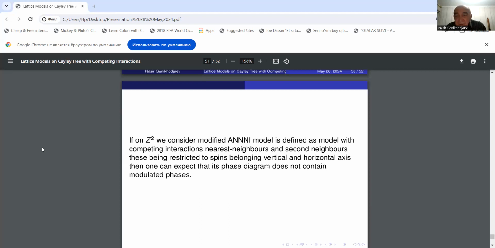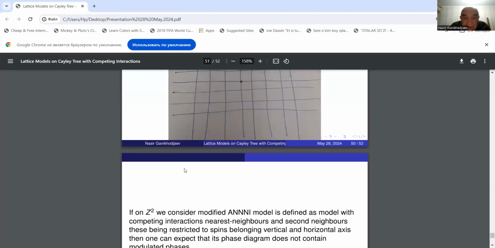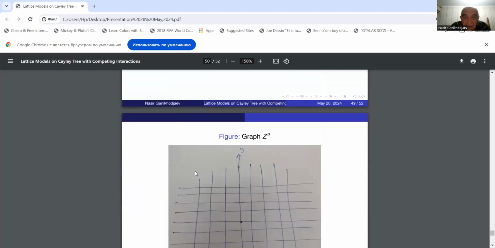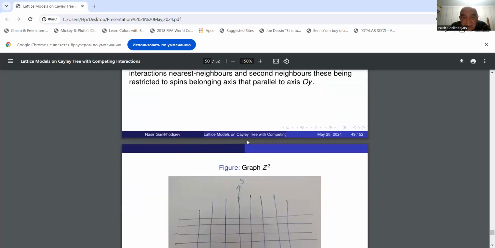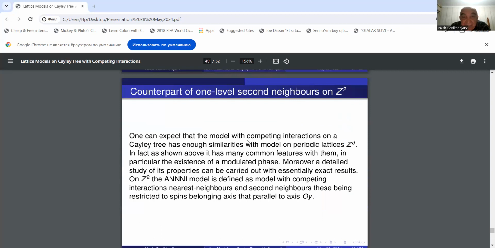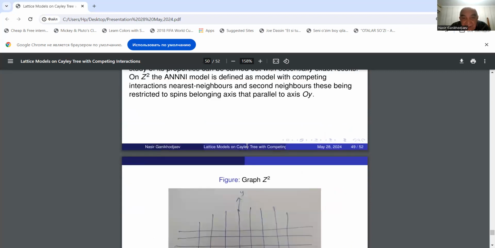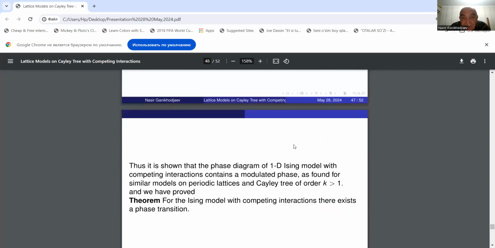Yes, on Z2 we cannot produce recurrent equations; there are other methods, so-called contour methods or something else. But for the Kelly tree, what does each of these phase diagram results mean?